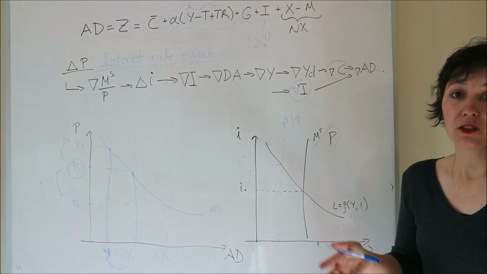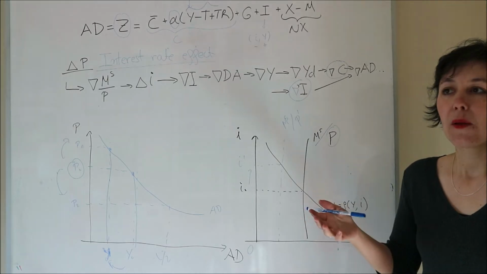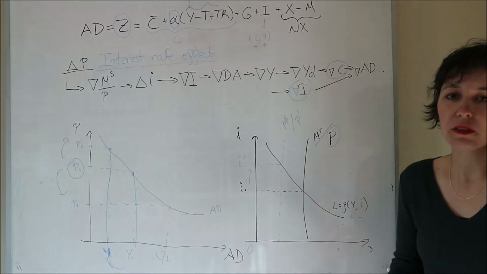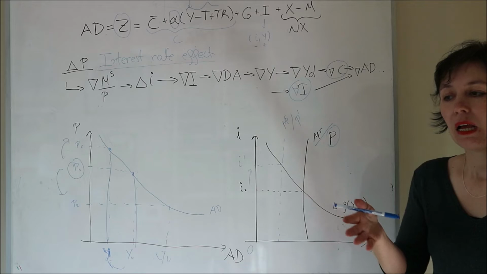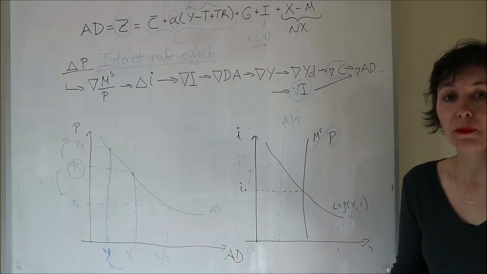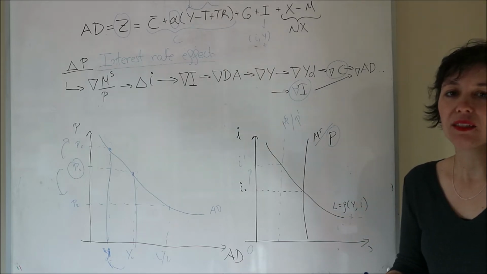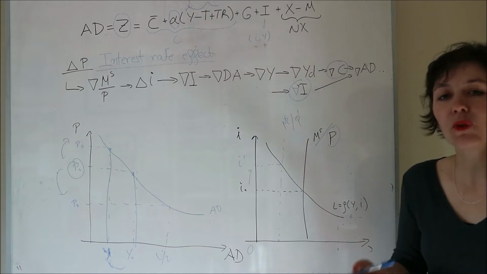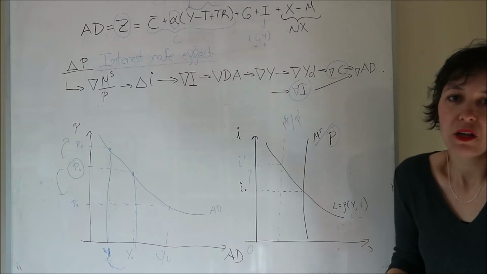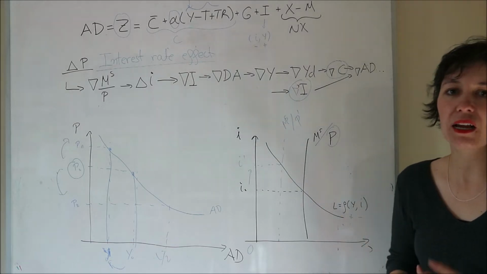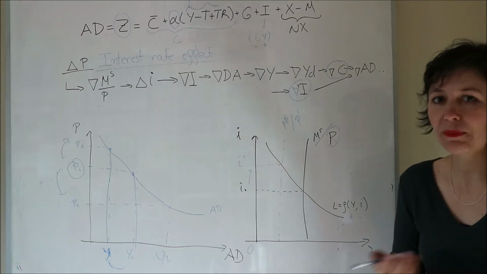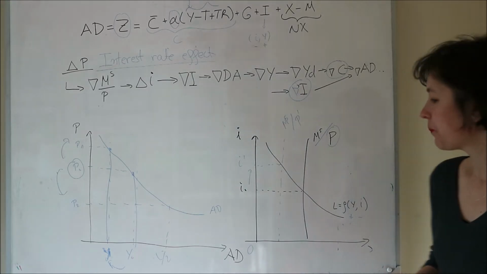And the opposite is going to happen when the income is really low. That means fewer opportunities, so I don't really need the money with me because I'm not going to buy so much or make any kind of investment.